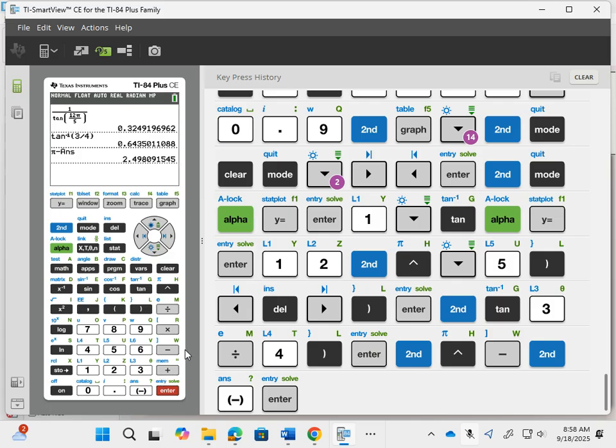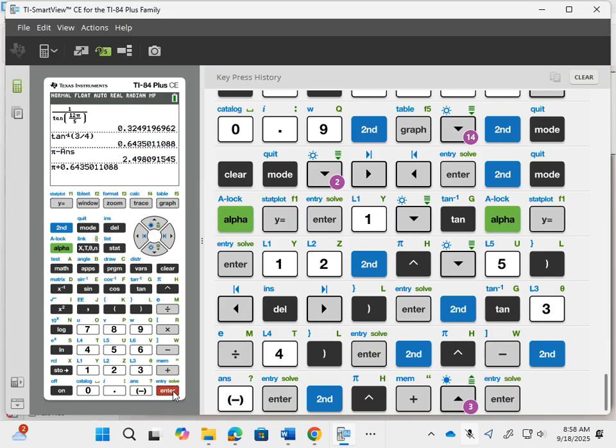Second thing you can do, because now when I go to do the other one, which I want to go pi plus my reference angle and then make it negative in the end, which I'll just do on paper, not on my calculator. But now I can't use that answer button because my answer is different. On the graphing calculator, you can use the up button and highlight something. That's also very helpful.